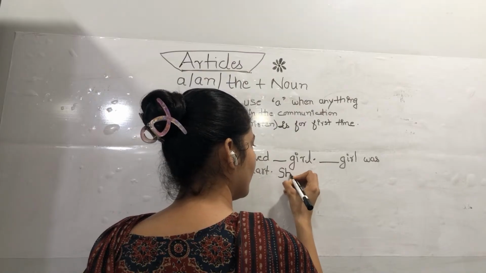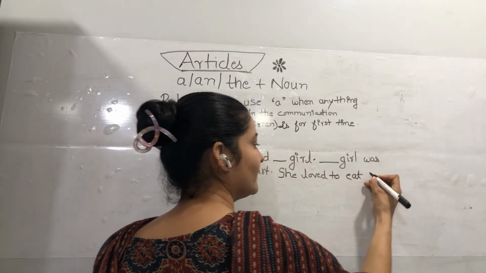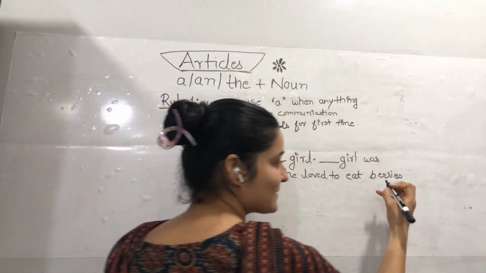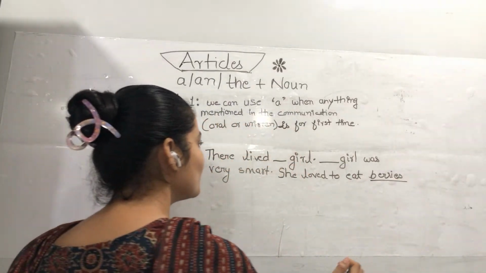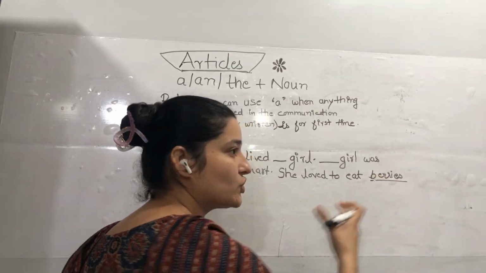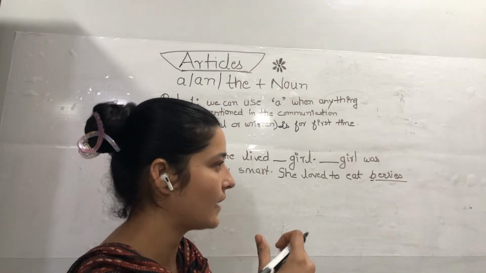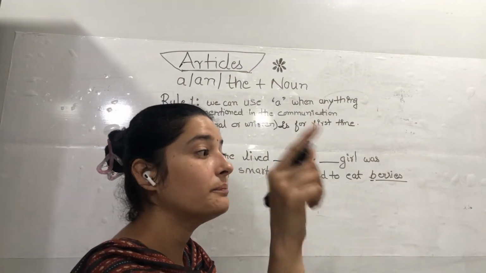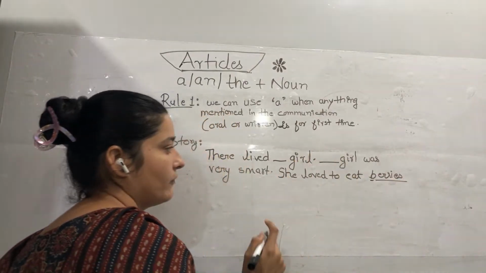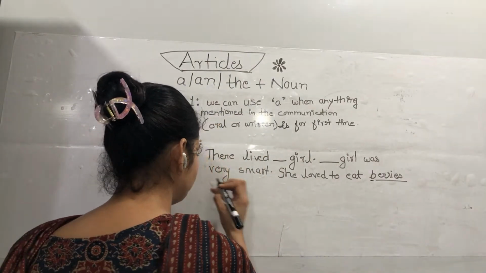She loved to eat berries. Now it is plural. I'm not sure about which berries I'm talking about, so that's why there will be no the. If I'm saying bring me that berry, or the berry kept on the basket, then I have to say the. Why to omit it, I will also tell you. She loved to eat berries.